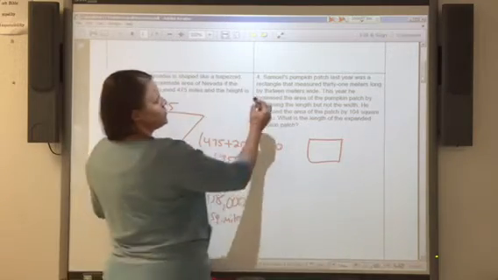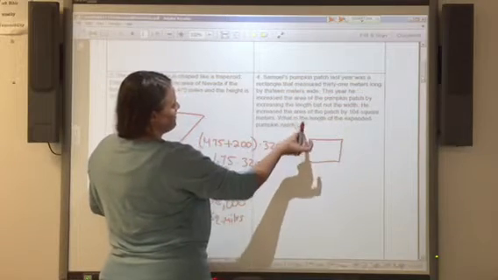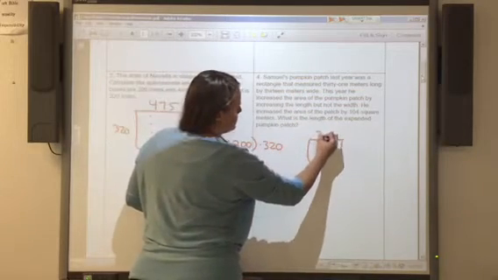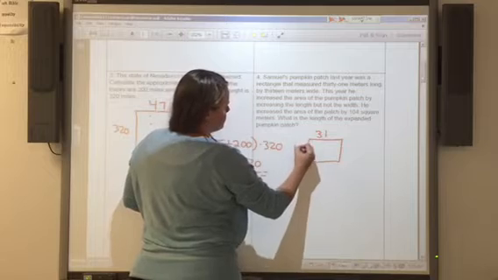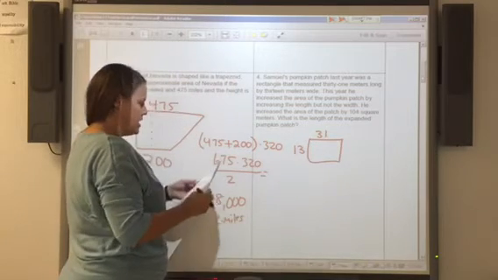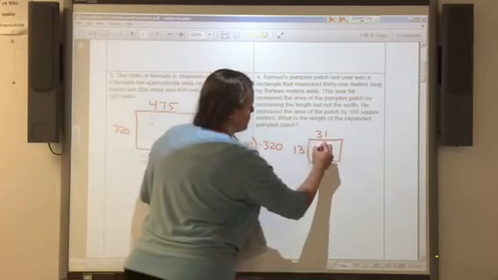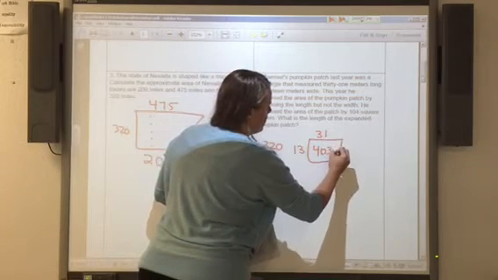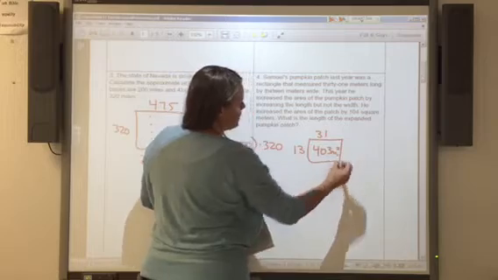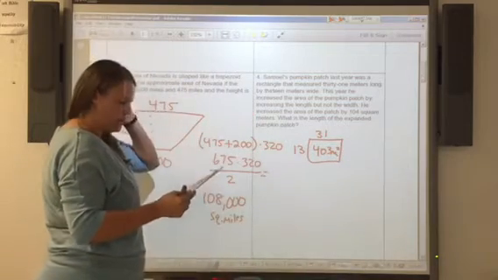Okay? So the rectangle measured 31 meters long and 13 meters wide. So 31 times 13, I've got 403 square meters as that original area.